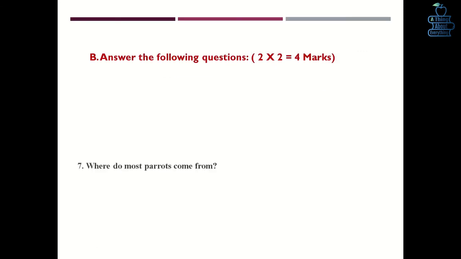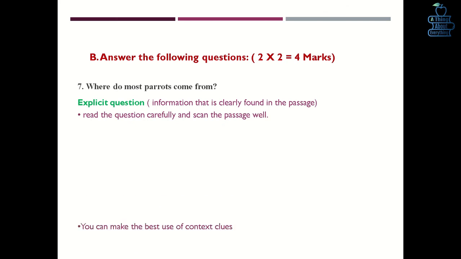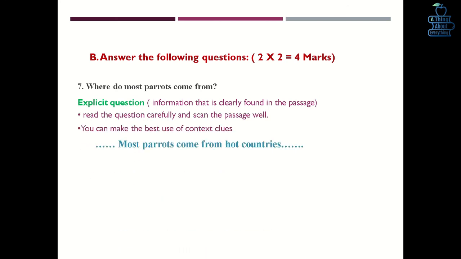Now we will come to the open questions, which are either explicit or implicit. So number 5, where do most parrots come from? According to the text, most parrots come from hot countries.